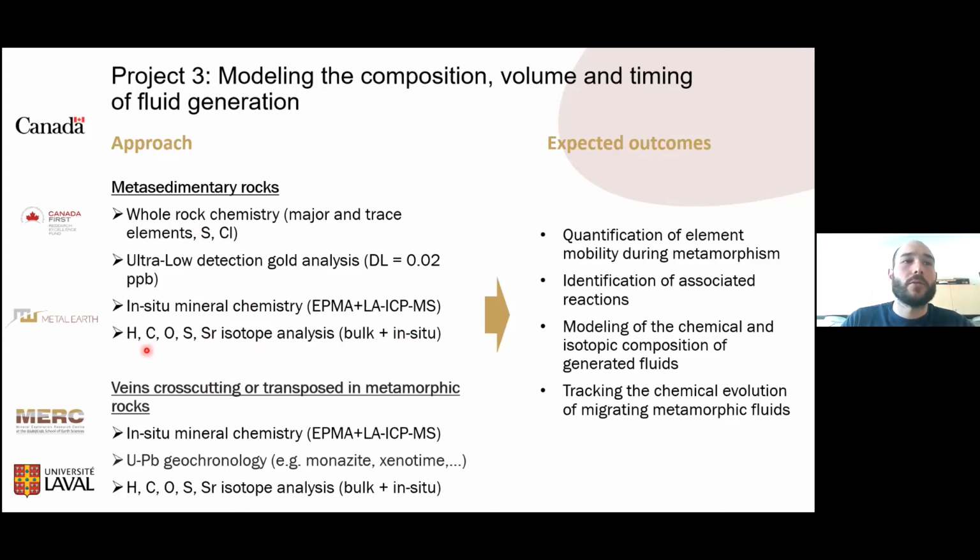We're talking about hydrogen, oxygen, sulfur, etc. He is going to try to characterize the chemistry of veins cross-cutting or transposing the metamorphic rocks in each metamorphic zone, doing, again, in situ mineral chemistry and isotopes. He is going to try to quantify the elements' mobility during metamorphism, identify associated reactions, again, and model the chemical and isotopic composition of the generated fluid.